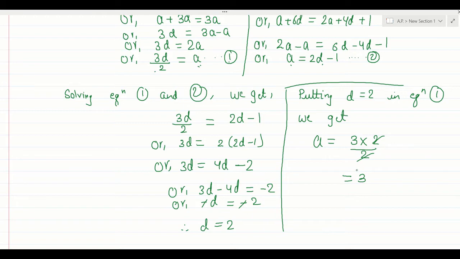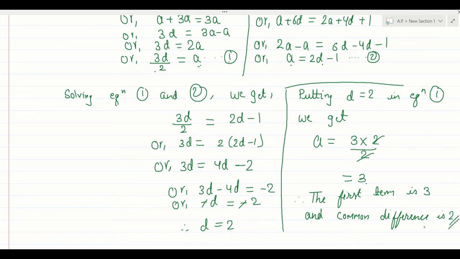So ultimately we have found the first term as 3 and the common difference as 2. Therefore, the first term is 3 and the common difference is 2. That's all. Now let's go to the next question.